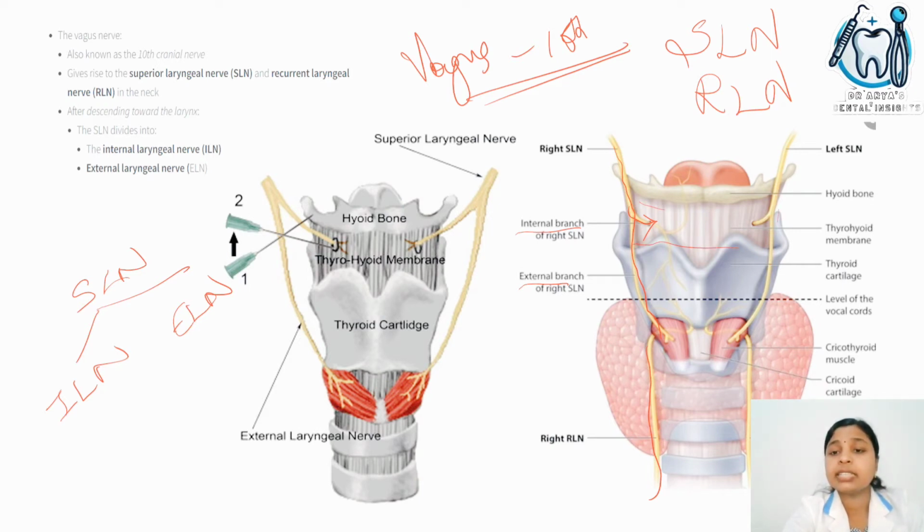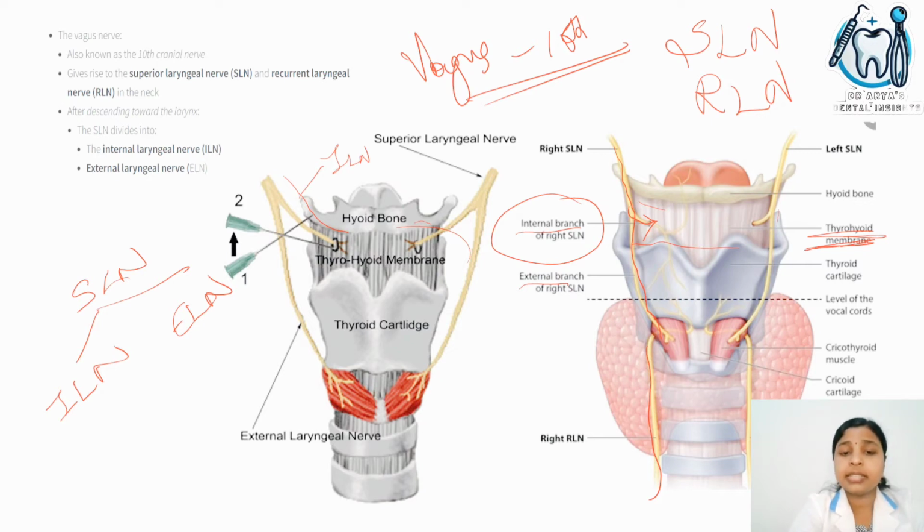This is the thyrohyoid membrane. The nerve which pierces the thyrohyoid membrane is the internal branch of the superior laryngeal nerve. This is the hyoid bone, this is the thyroid cartilage, and this is the thyrohyoid membrane. The nerve which pierces it is the internal laryngeal nerve.